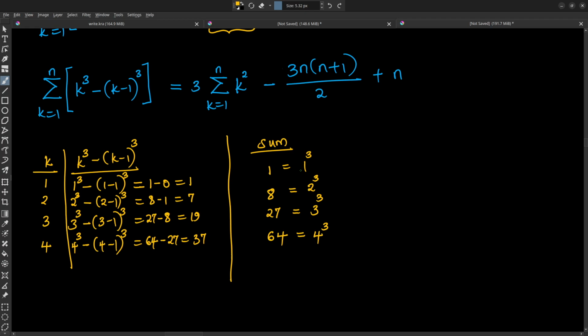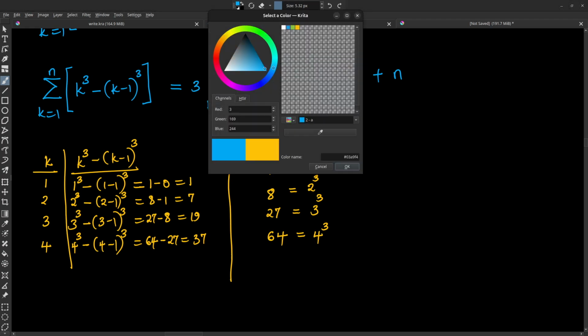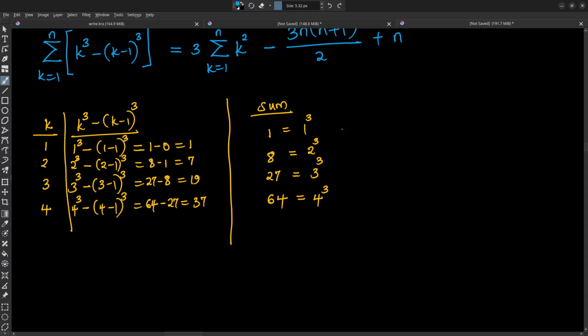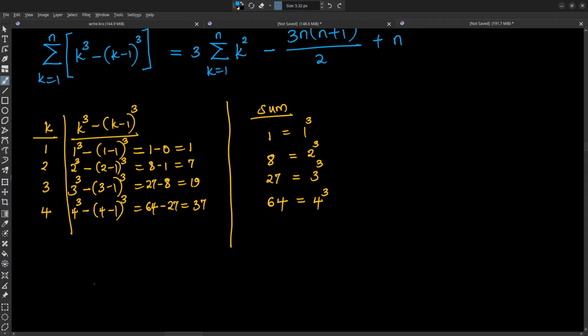Yeah, literally. So all that scary expression now collapses to, okay, actually let's just write, therefore, the summation where k equals 1 all the way to n of this expression, k cubed minus k minus 1 cubed, collapses to n cubed, just the value of n, and you cube that.